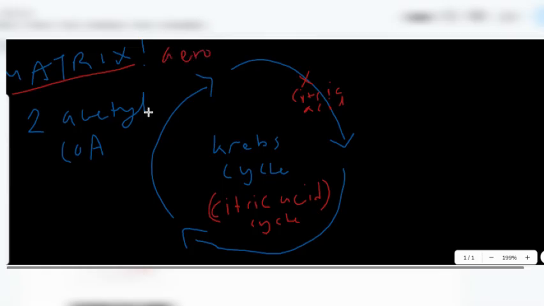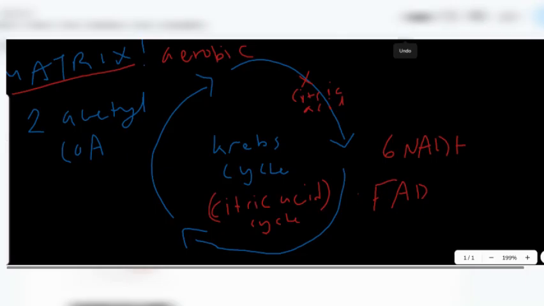That is because the electron carriers produced here, NADH and FADH, must deliver their electrons to the electron transport chain, and oxygen is the final electron acceptor there.